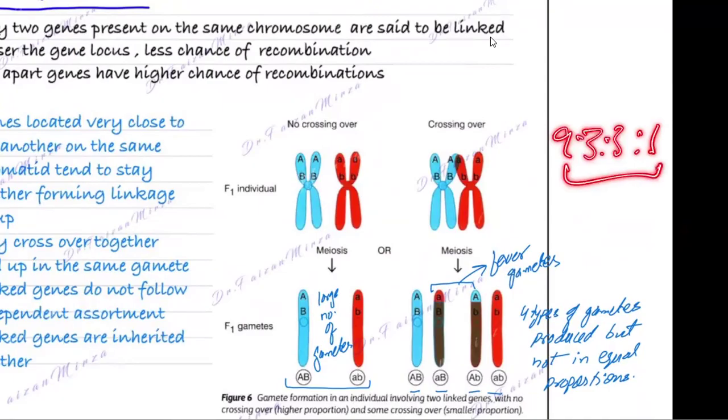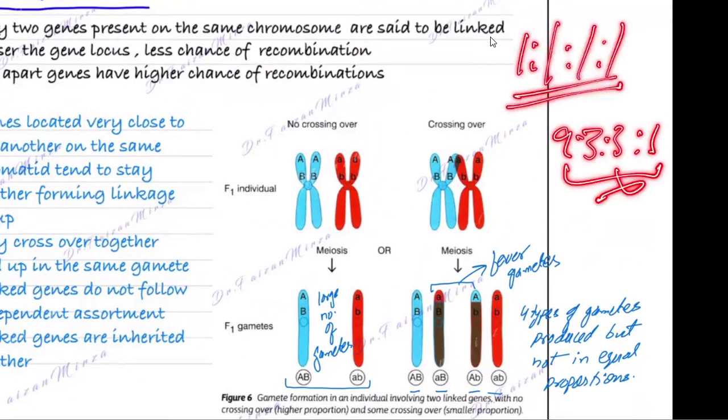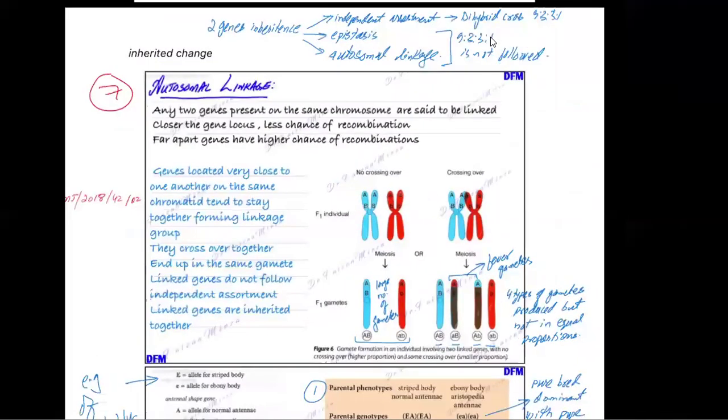Four phenotypes will be there, but not in this ratio. Similarly, if a 1:1:1:1 ratio is being followed, four phenotypes will be produced, but not in the same proportion. The recombinants will be very few in number as compared to the parental class.